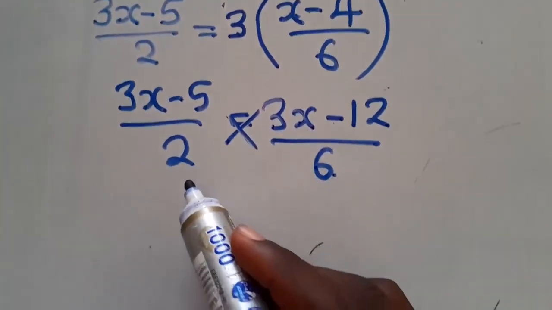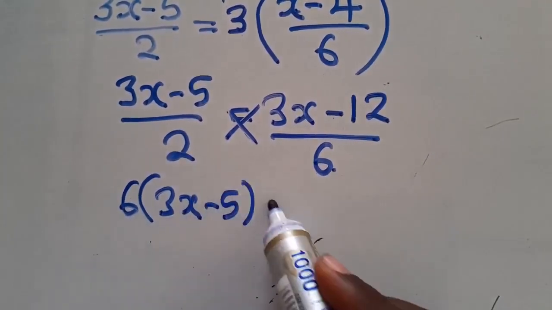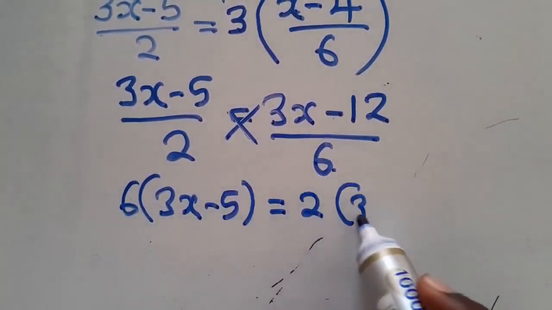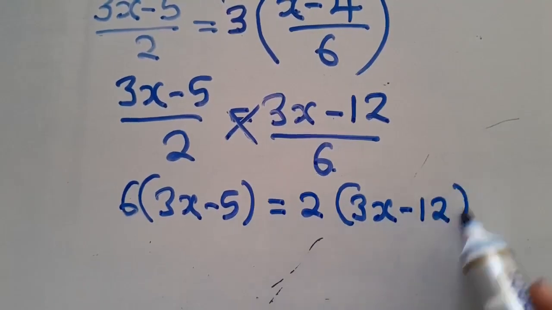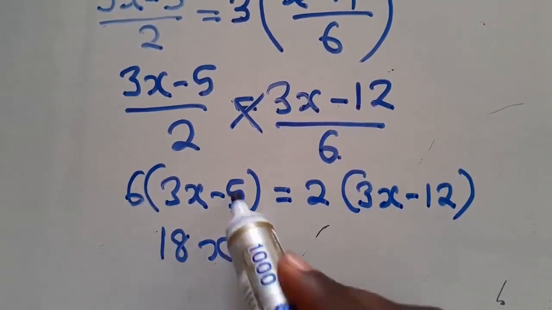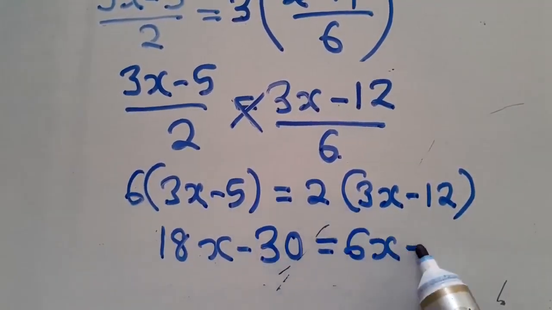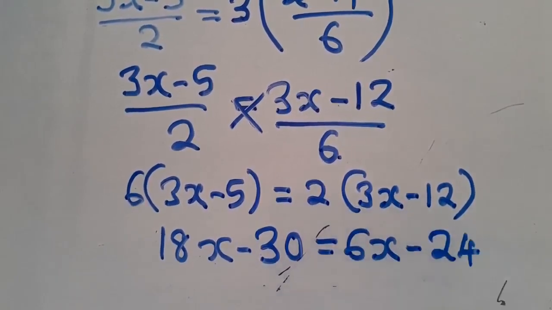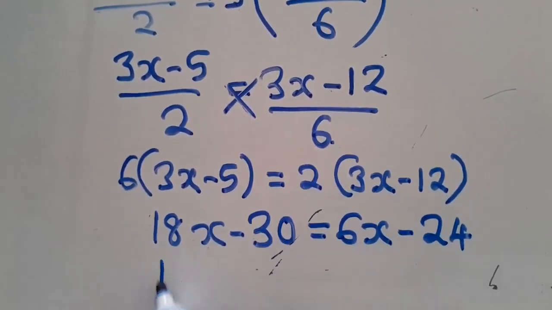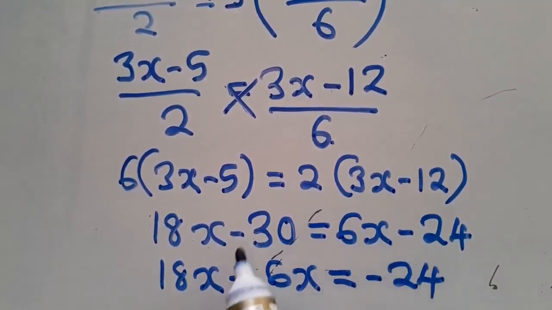This goes with that. That's 6, open bracket, 3x minus 5, which is equal to 2, 3x minus 12, like this. Then this times that is 18x minus 30, which is equal to 6x minus 24, like this. 18x remains here. This one comes this side, becomes negative 6x, which is equal to, this is already negative 24. This is negative.